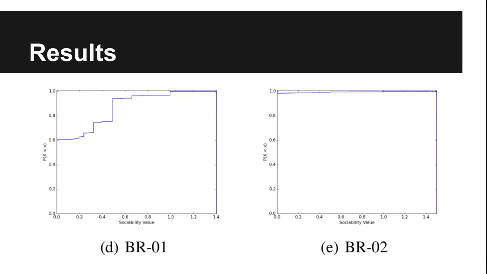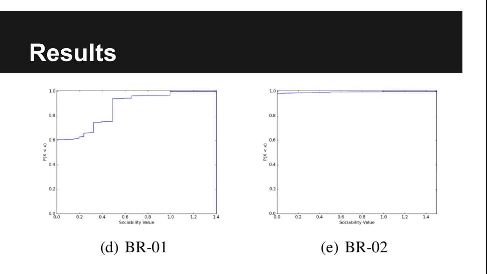As you can see in the figure in the slide, the honeypot BR01 has some of its IPs interacting among themselves, while BR02 does not.